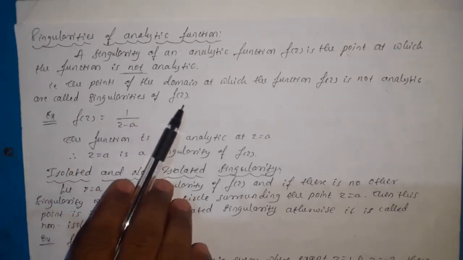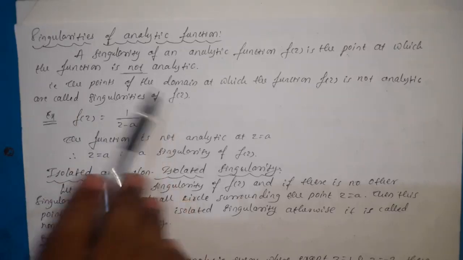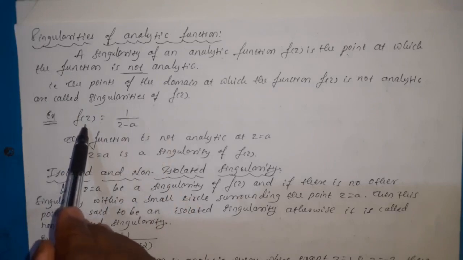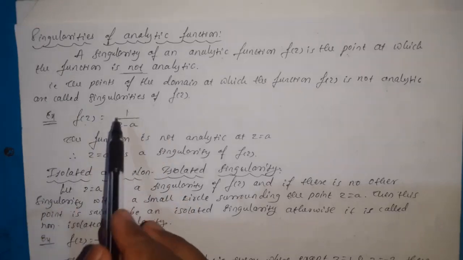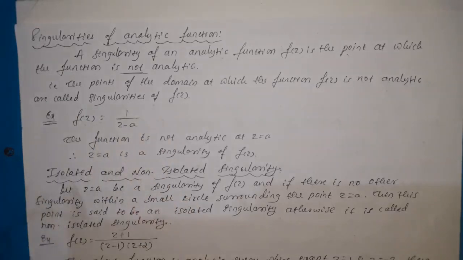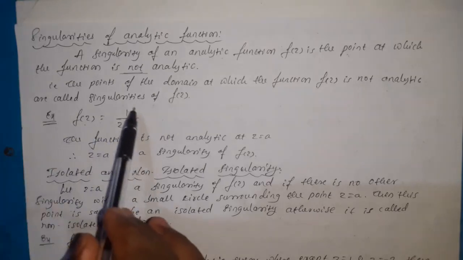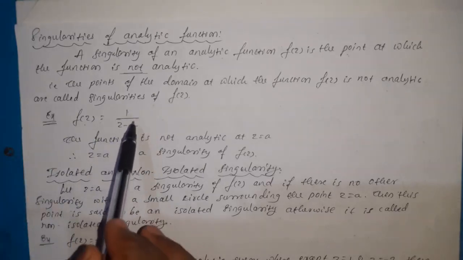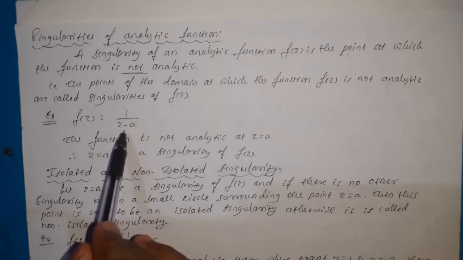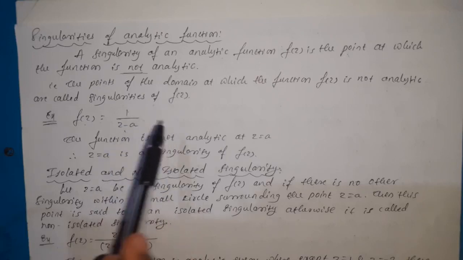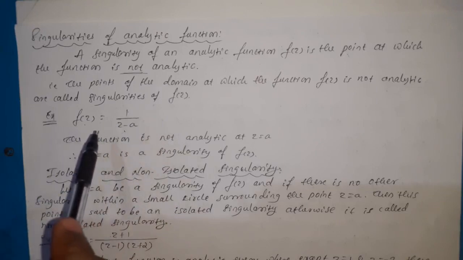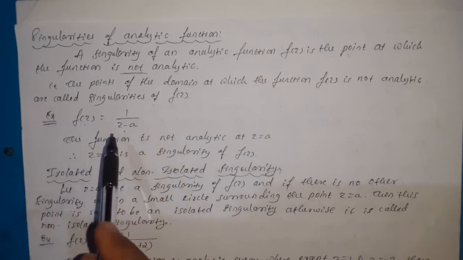Let us consider the example f of z is equal to 1 divided by z minus a. By looking at this, we can say that the function is not defined at z equal to a. If the function itself is not defined, then how is it differentiable, right?